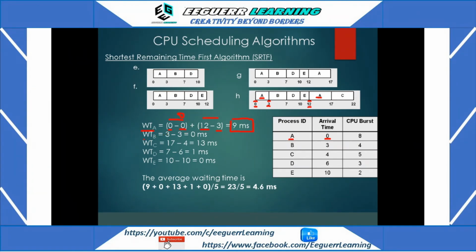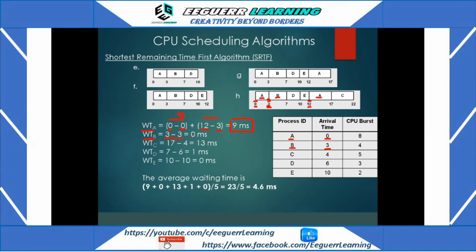Next is the waiting time of process B. Let us look at B in our Gantt chart and the tail of letter B, get the value of 3 and place it here. Look at the table of process B and get the arrival time of 3 and place it here.